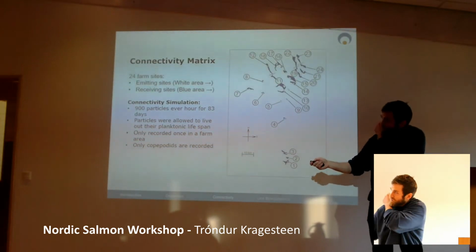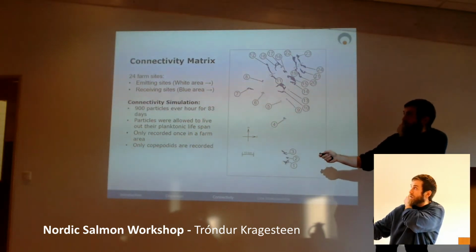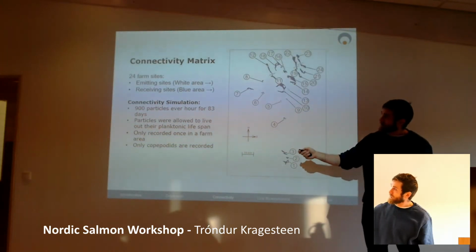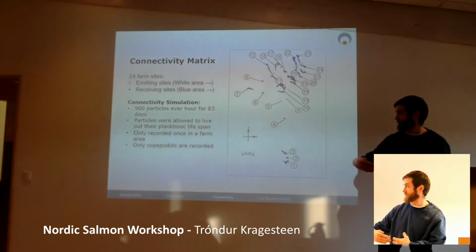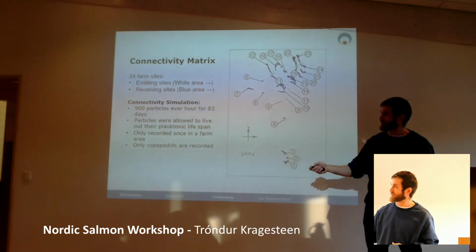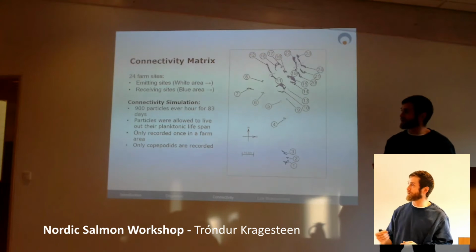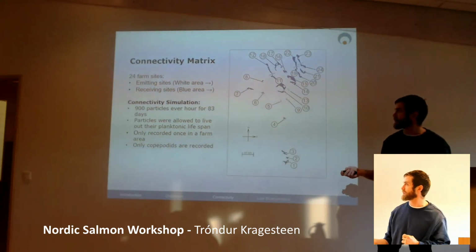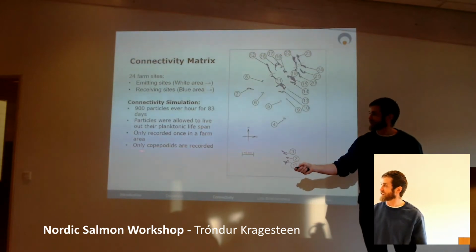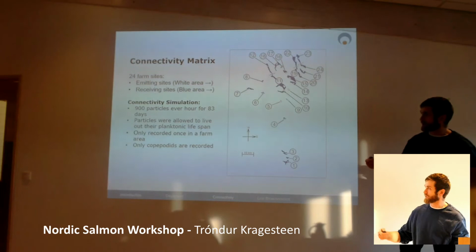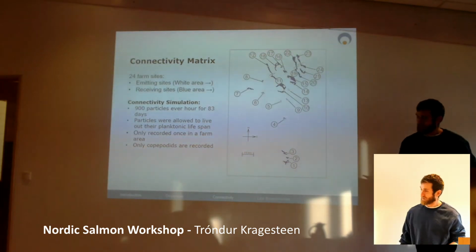In the simulation, we released 900 particles every hour for 83 days. Particles were allowed to live out their planktonic lifespan in the simulation, and we only recorded a particle connection once in any given farm. Only copepodites, so particles older than 3.7 days, were allowed to infect a new farm.